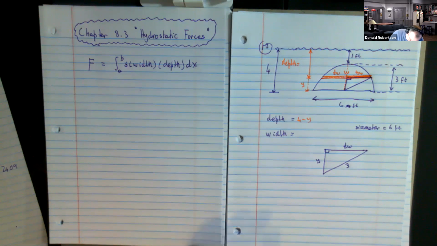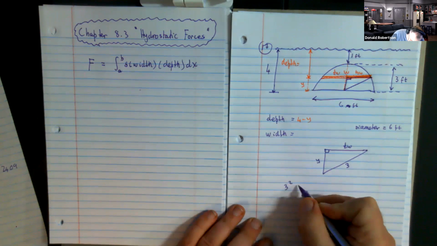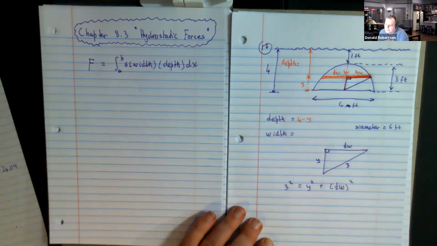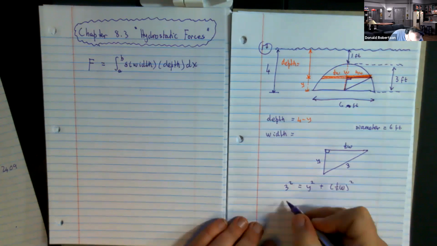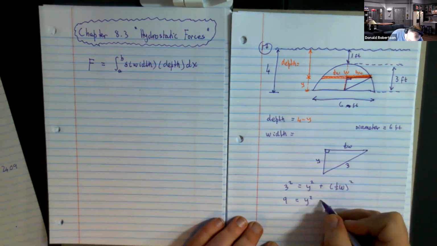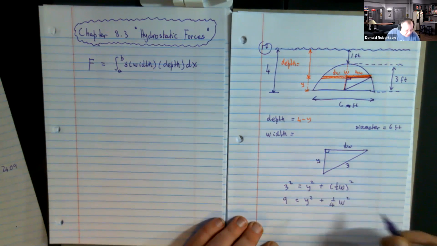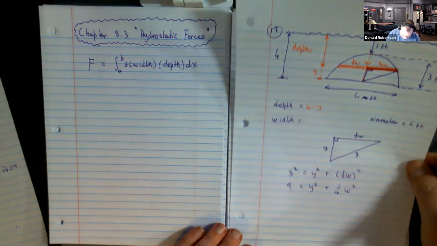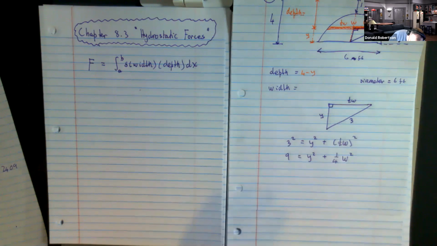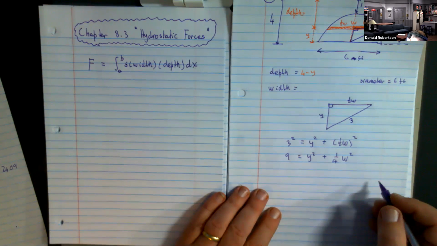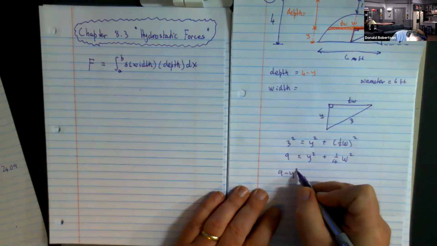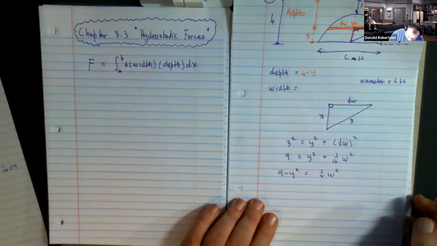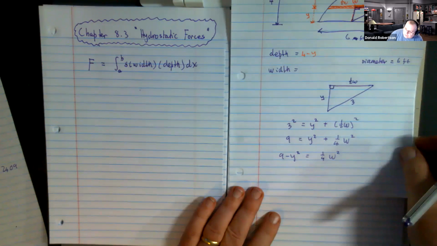Okay. Now, according to Pythagoras, isn't 3 squared y squared plus a half W squared, right? So 9 is y squared plus 1/4 W squared. And what do we do now? Well, 9 take away y squared is 1/4 W squared. So far, so good.